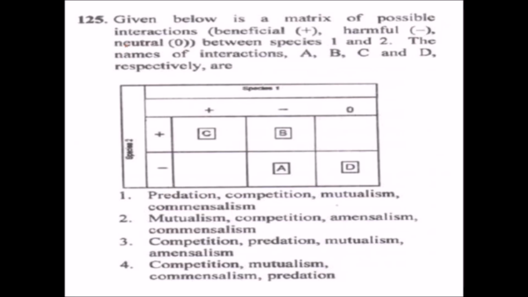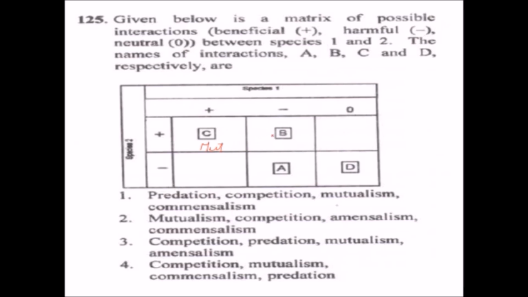Yes, quite easy questions, and designed so beautifully. Here the question is, given below is the matrix of possible interactions, beneficial, harmful or neutral, between species 1 and 2. The names of the interactions A, B, C, D are given respectively. Here C stands for both species benefiting, so it stands for mutualism.